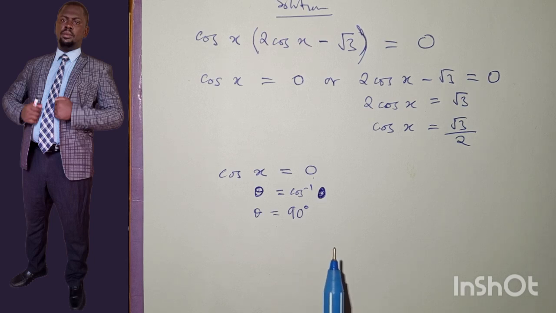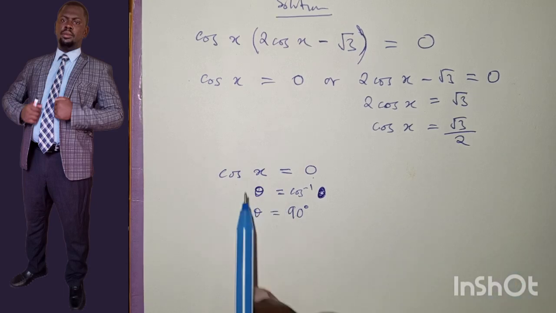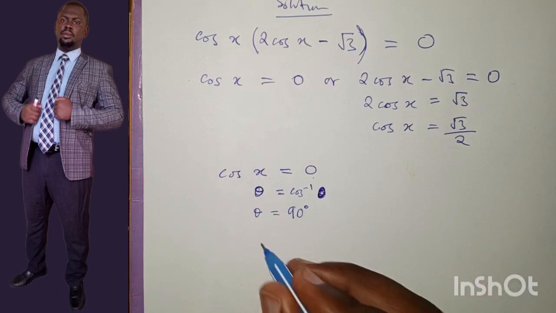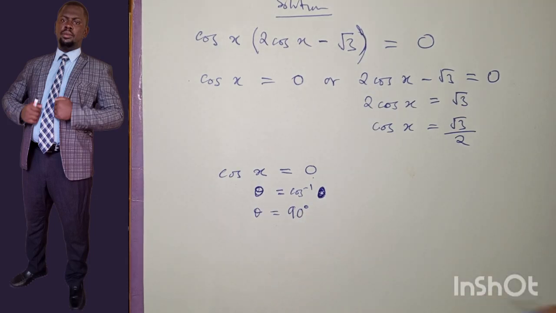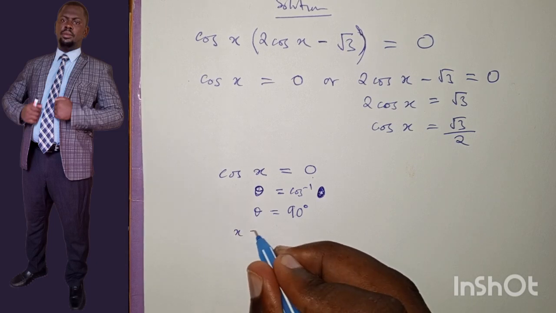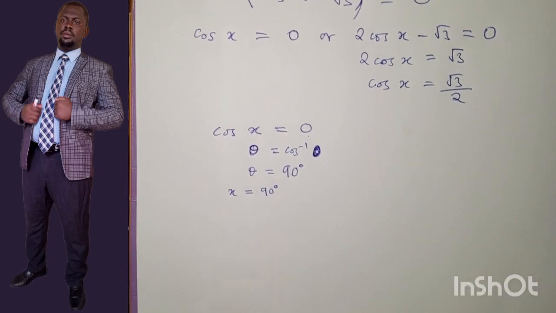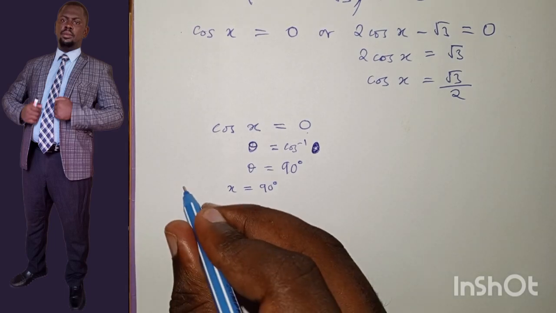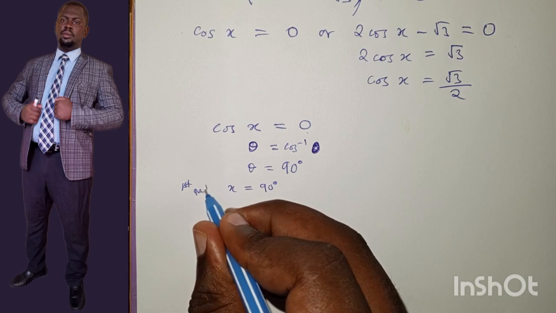In this case, we have this angle for the first quadrant. So this angle, 90 degrees, is part of the solution. So the first solution for cos x equal to 0 is 90 degrees. The angle in the first quadrant is part of the solution set. So x is equal to 90 degrees. That is in the first quadrant.